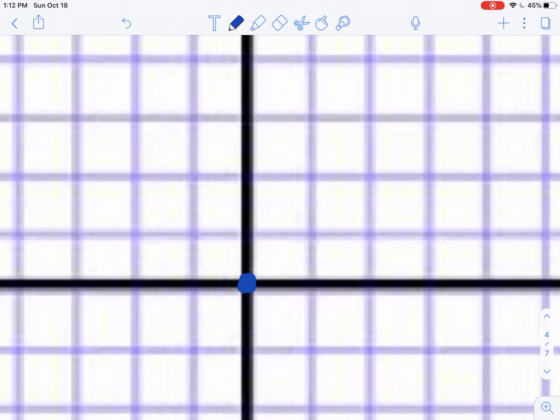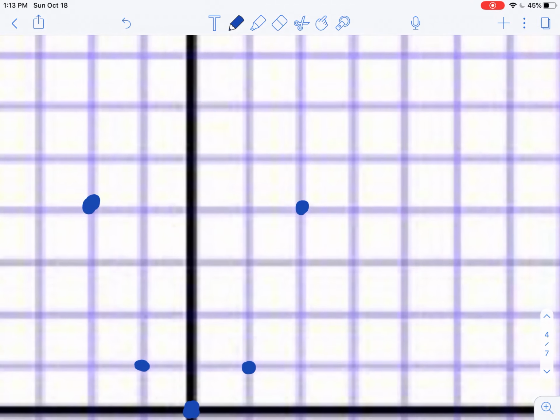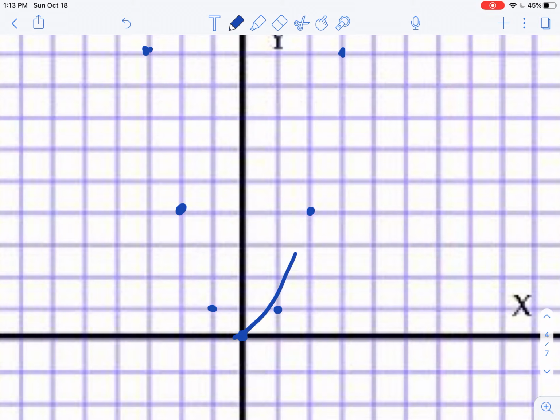So that means I multiply by 2. When x is equal to 1, y would be equal to 2. When x is equal to 2, y would be equal to 8. When x is equal to 3, y would be equal to 18. And we could draw a parabola through here.